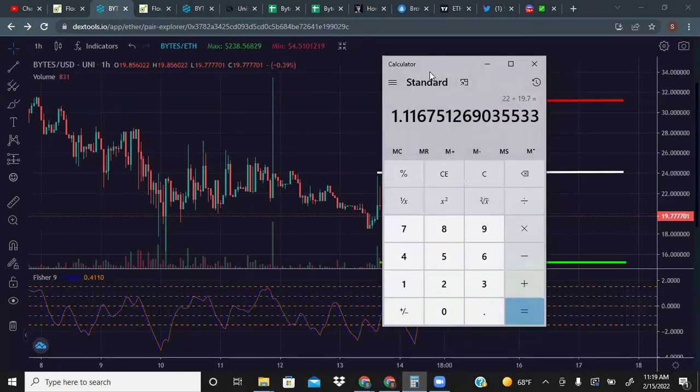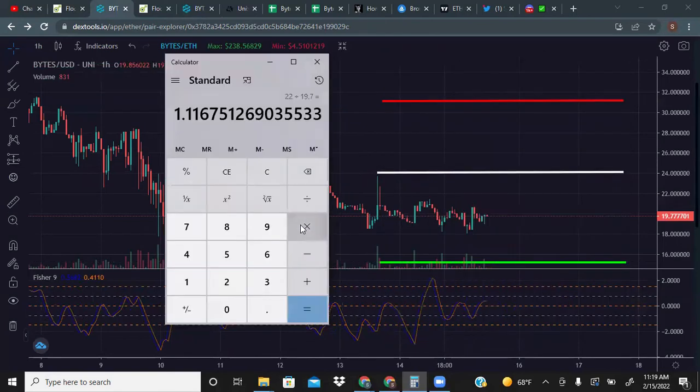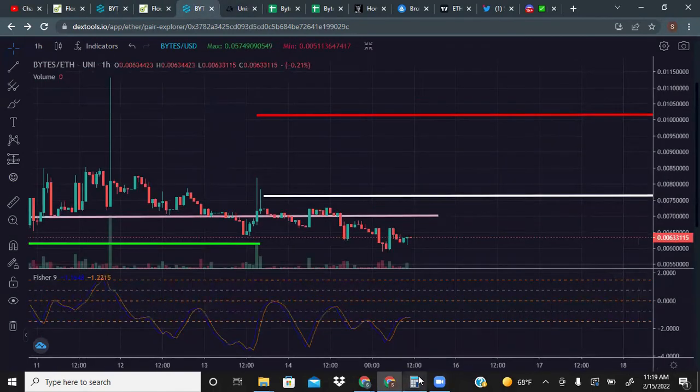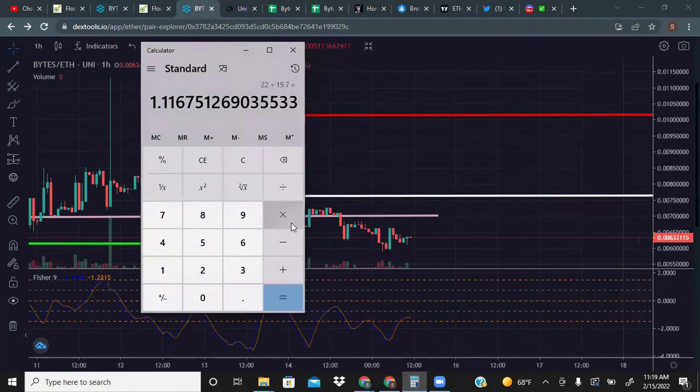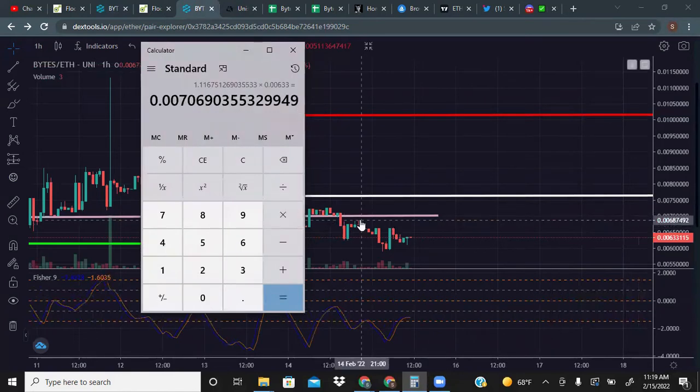Okay, so we'll need this to go up about 11.6 to get to $22. So let's multiply the price of the Bytes ratio token here times 0.00633. Yeah, so it's right at 0.07 as I thought. So yeah, this will be basically the break-even point for people looking to buy.